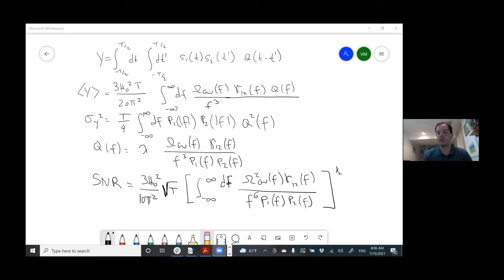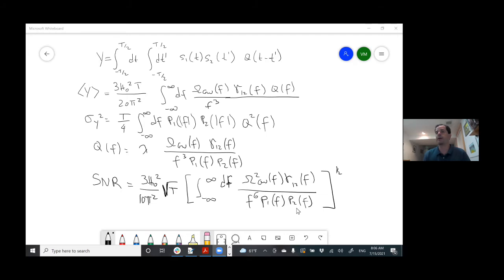And then the SNR takes this form, and you see several things from this equation. First, our SNR grows with the square root of time. So the longer you observe, the better your signal to noise ratio will be, although the improvements will be diminishing over time. Again, the SNR depends on the overlap reduction function and on the assumed spectral shape that we're looking for, and it suppresses the frequencies where the noise is very large, where P1 or P2 are high.